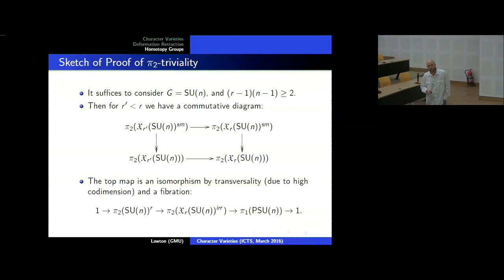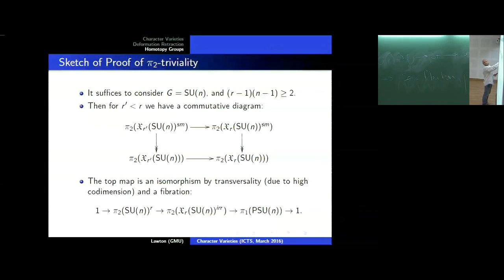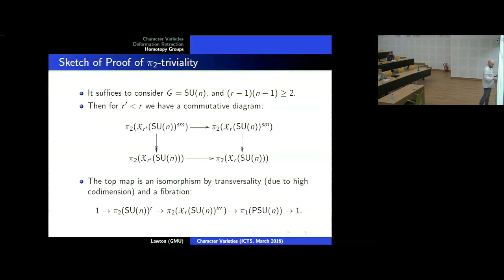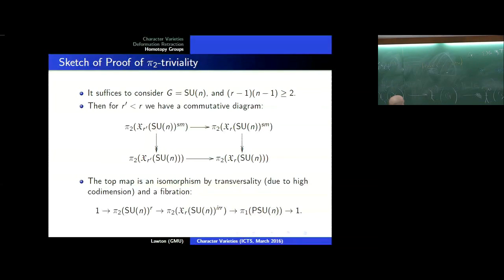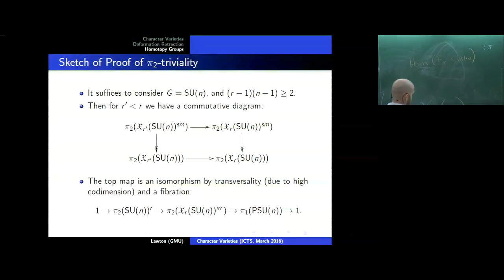It comes down to really this. What's written there is right, but there's a deduction. You get the irreducible representations of F_R into SU(N), that's what's there ahead of time. But because of the high codimension and transversality, we can show that pi 2 of the irreducible representations is the same as pi 2 of the R-fold product of SU(N), which is sitting here.